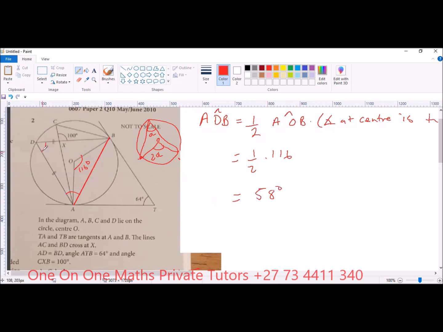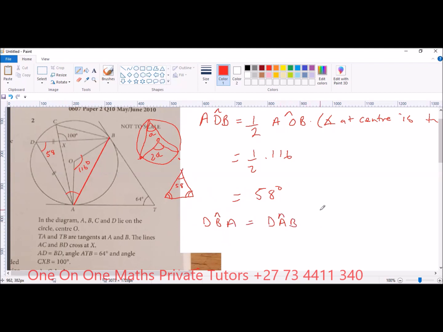degrees. Now that this is 58 degrees, remember this side is equal to that side. So again we have an isosceles triangle where if this one is 58, these base angles are equal. So we can say DBA is equal to DAB.